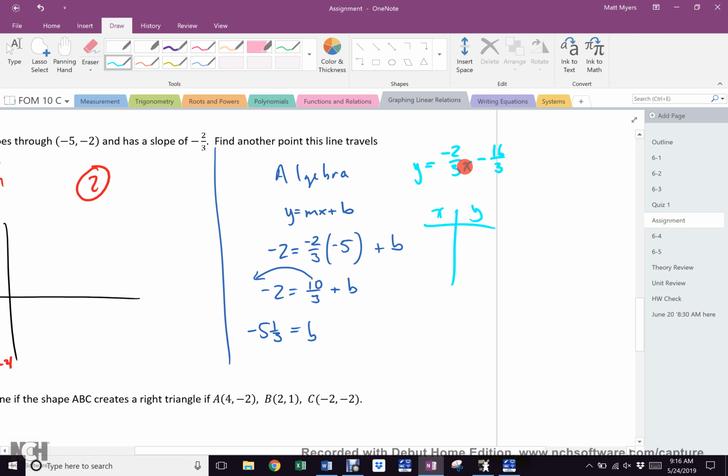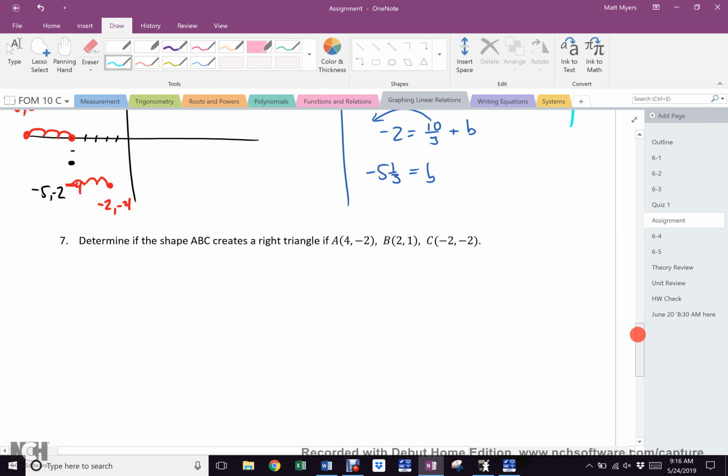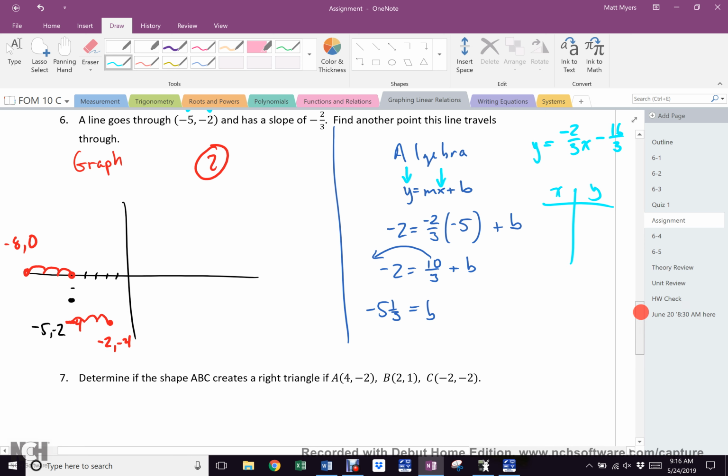Does everybody see how the algebra works? Even if you didn't do it, do you see how it works? Because remember, every x value can go where? Anywhere you see an x. Every y value can go where? Anywhere you see a y. Since you already had an m right there, all you had to do was find b. And we know how to do algebra to find b, don't we? All right. So that was worth 2 marks either way.